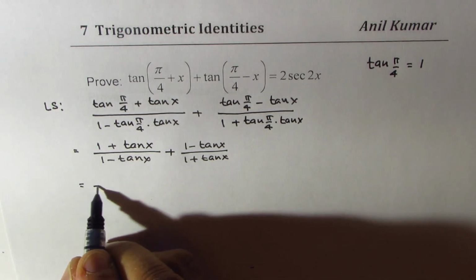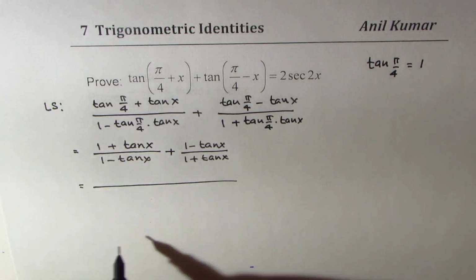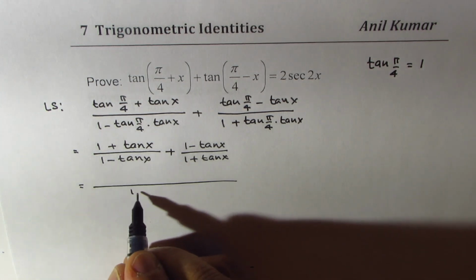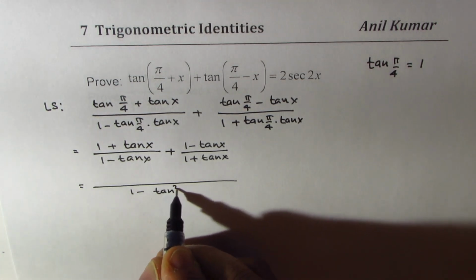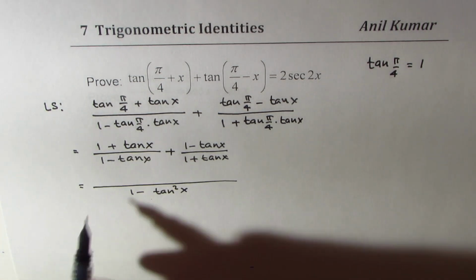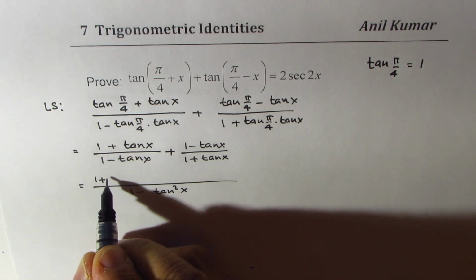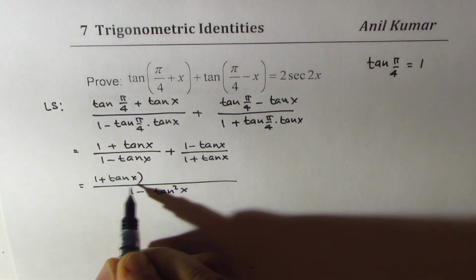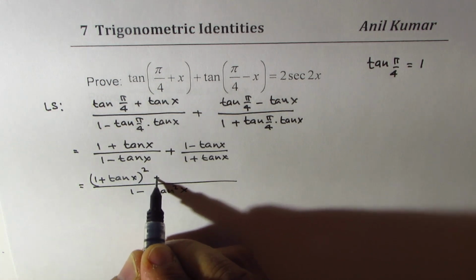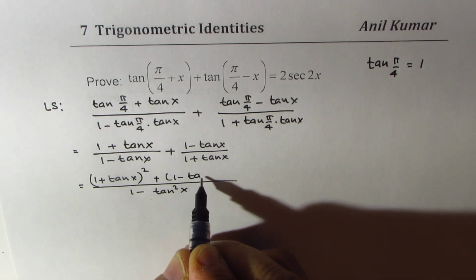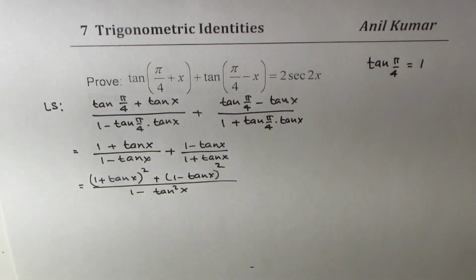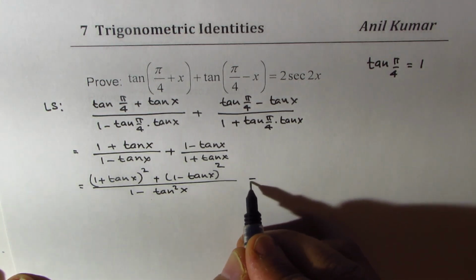Now we can take a common denominator. Multiplying these two, we get 1 minus tan square x. Cross multiply, so we get 1 plus tan x whole square plus 1 minus tan x whole square. Perfect. Now what we need to do is just expand the numerator.